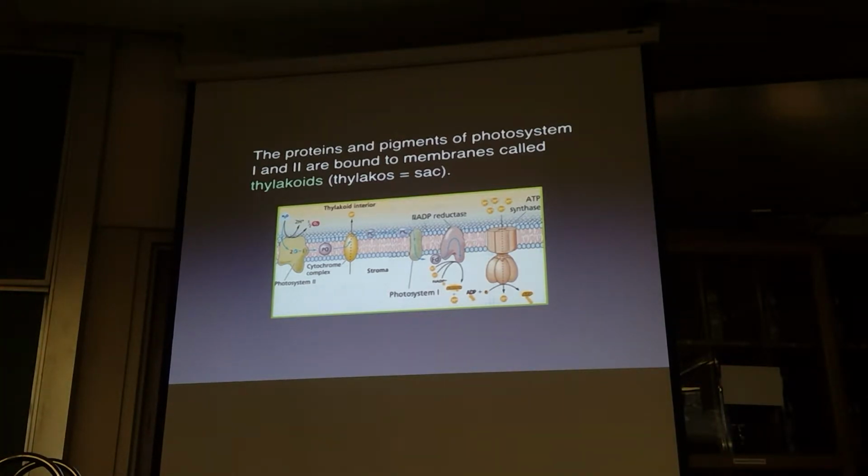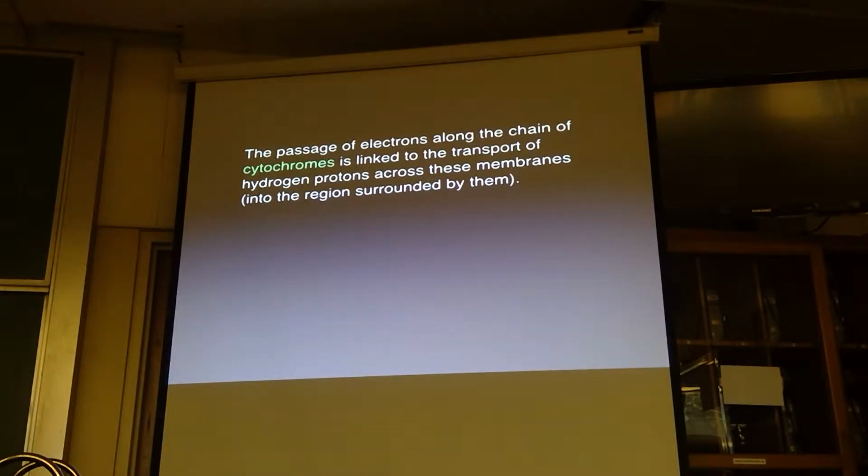Again, every diagram that you see like this, these are all oversimplifications because there are way more molecules than what you see here. So again, what you often don't see in these diagrams, if you're looking at the diagrams in the lecture syllabus where you just see the antenna array and then you see arrows, one arrow going to plastoquinone and then another arrow going to ferredoxin, you see electrons going from plastoquinone back to photosystem 1, traveling through a cytochrome chain.